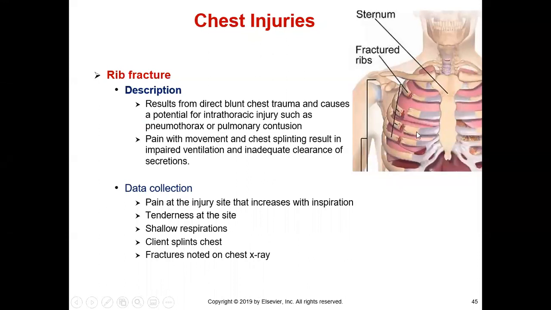In this picture, we can see the sternum, and these are the ribs. The lungs are covered by ribs, and these ribs protect our lungs. Unfortunately, if a rib fracture occurs, like in this picture, the ribs are broken.